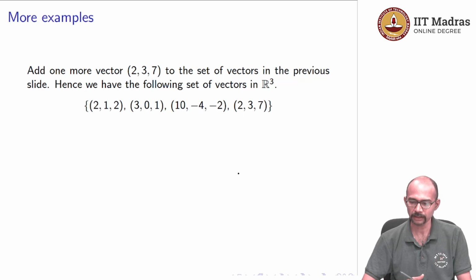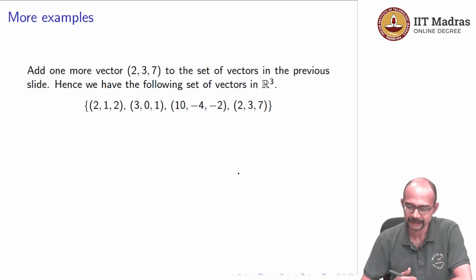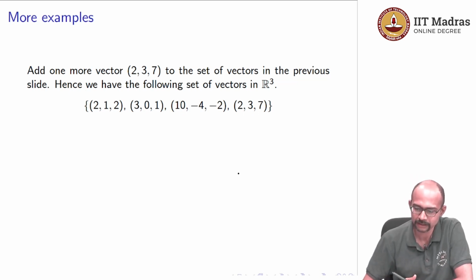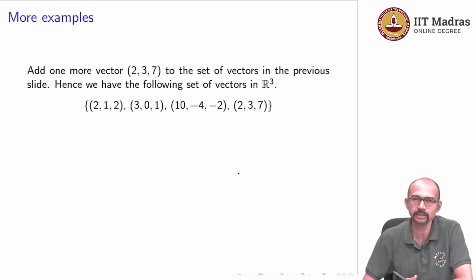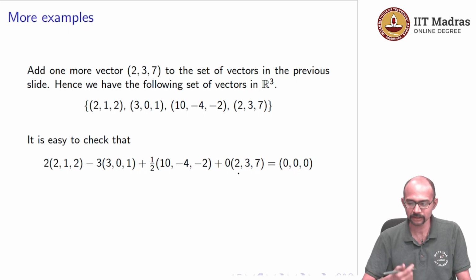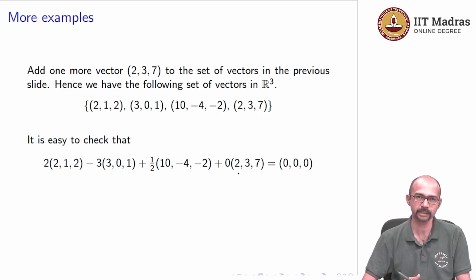Let us continue and append a vector to this set. So this set is now 2, 1, 2, 3, 0, 1, 10, minus 4, minus 2 and 2, 3, 7. So we have appended one more vector to this set, and we can ask, is this set now linearly dependent? And the answer is, well, certainly it is, because since the original set, meaning the set with 3 of them, was linearly dependent, we can write down the same equation, but we also have to include the new vector 2, 3, 7.